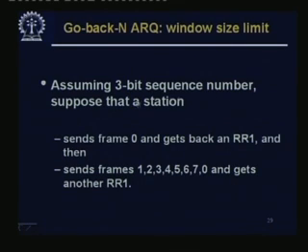Assuming a 3-bit sequence number, suppose that a station sends frame 0 and gets back an RR1, that means from 1 onwards. So, from 1 onwards it has to send all the frames: 1, 2, 3, 4, 5, 6, 7, 0, and gets another RR1. Okay.